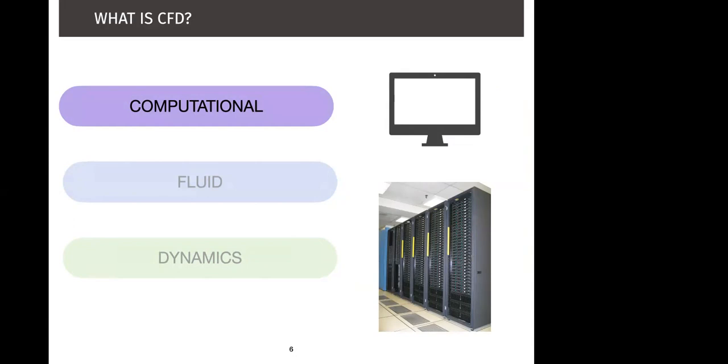Initially we would have panels and panels of servers with lots and lots of cores to run a very small problem. Now it has come to a point where we can run a much more complex problem just on a desktop by using cloud computing. You could have multiple cores that you can utilize in the cloud and not have panels and panels of servers to actually simulate your problem.